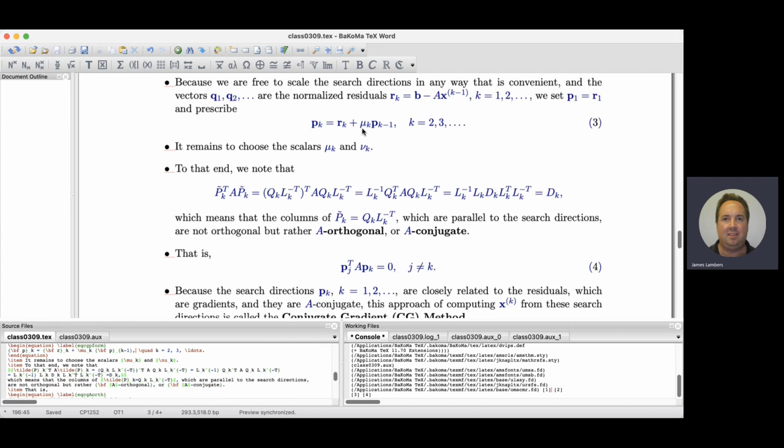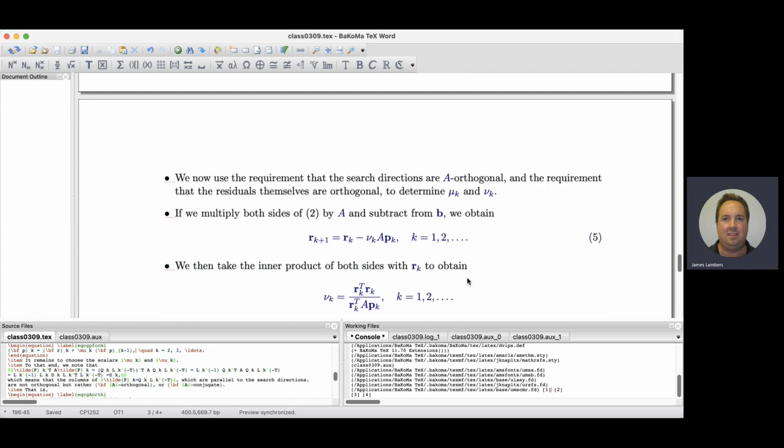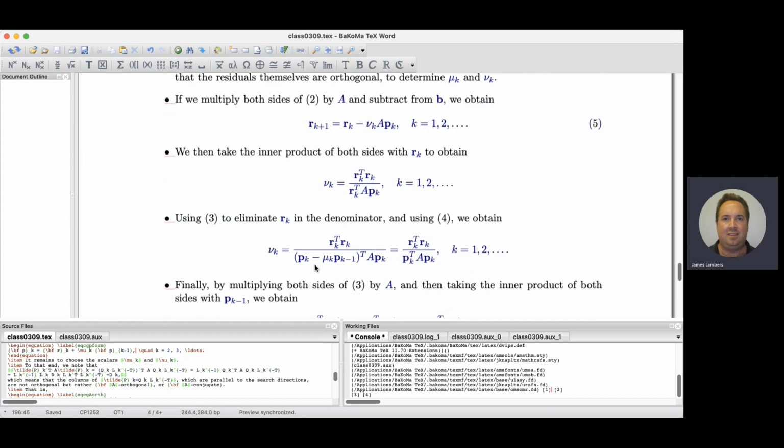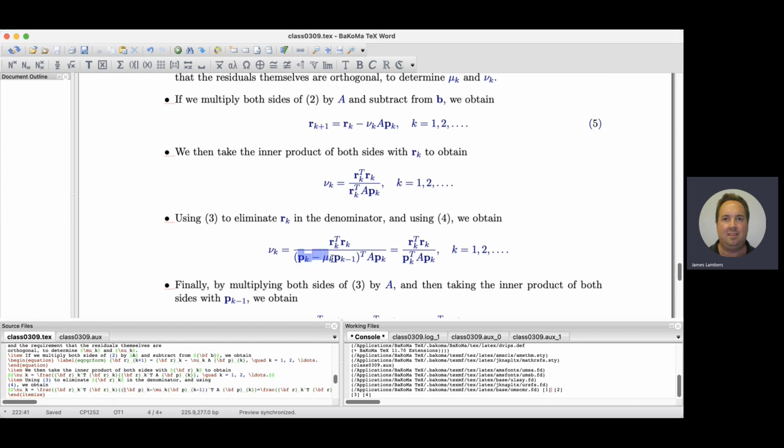So I can express r_k in terms of p_k and p_{k-1}. I go ahead and do that. I've replaced r_k with this difference here. But the search directions are A-conjugate, so this transpose A p_k is 0. So this term goes away, and I'm left with this.